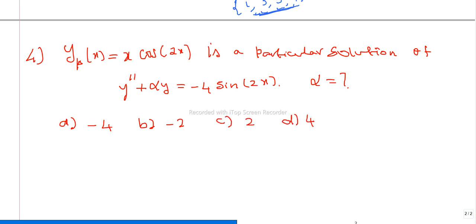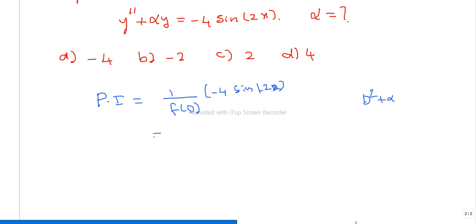Okay, now we know the formula for particular integral. So particular integral PI should be 1 by f of D into the function minus 4 sin 2x, where f of D is D square plus alpha.